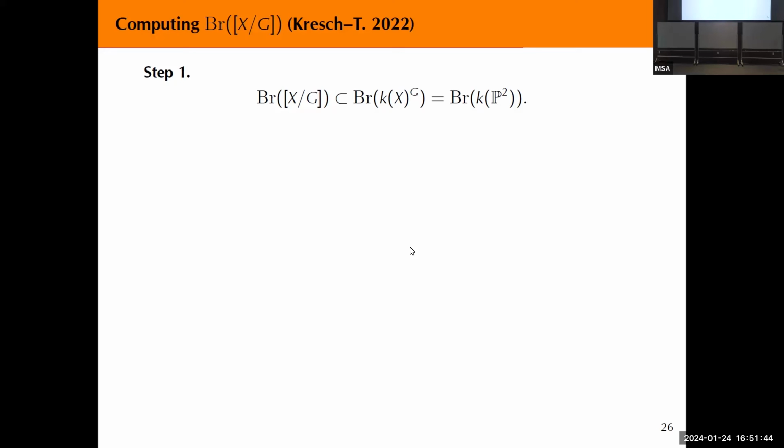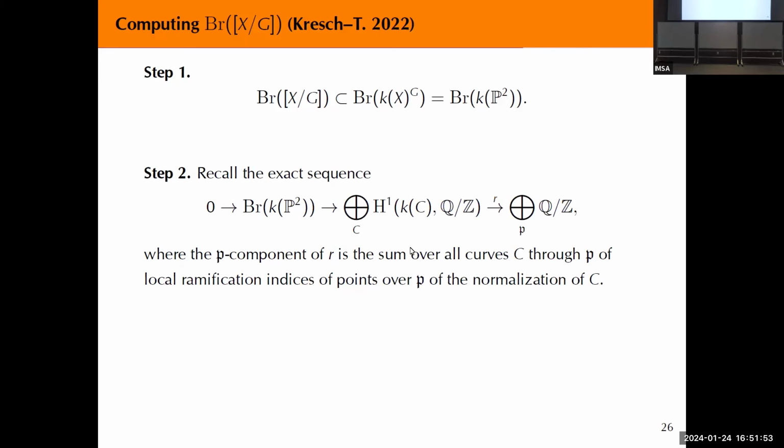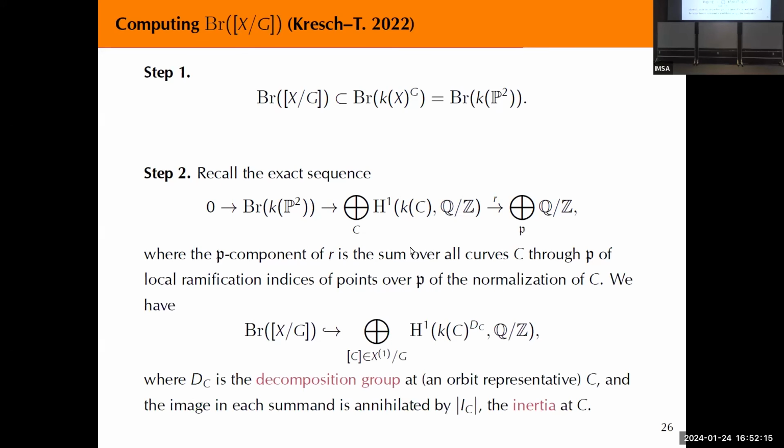Because in our case we have a rational variety, it's just the Brauer group of the function field of P2, which is huge. Then there is this exact sequence: the Brauer group of the function field of a surface maps to H1 over all curves, C of K, with torsion coefficients. Then you can keep going to all points on the surface.